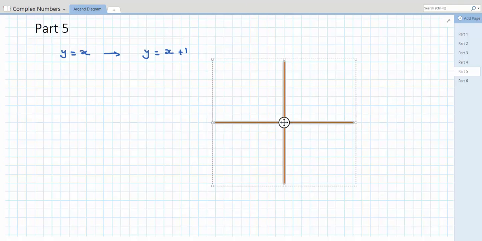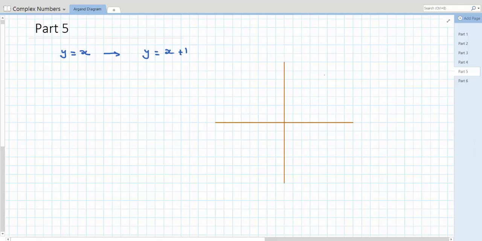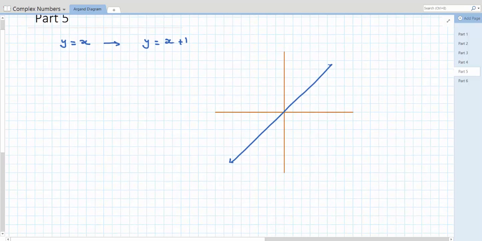Okay, so I'll attempt the graph of y equals x. Now that graph for y equals x plus 1 is a line that's parallel but has been shifted to the left by 1.